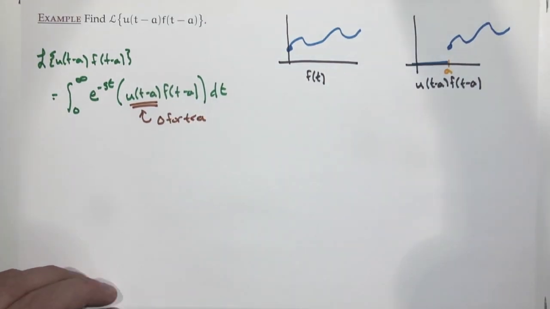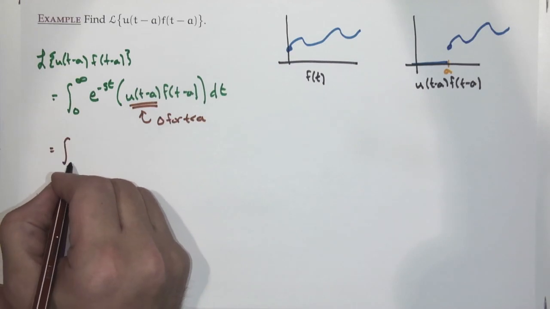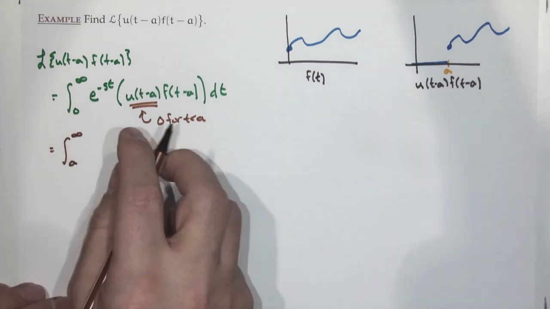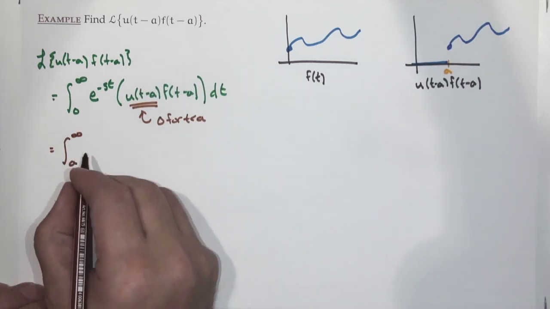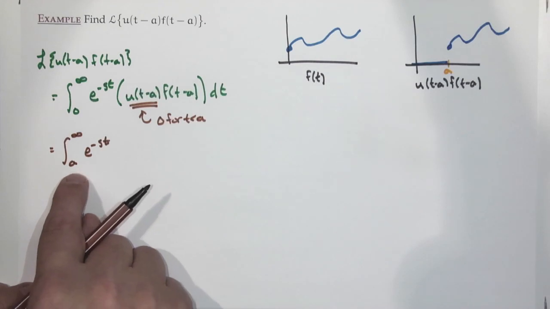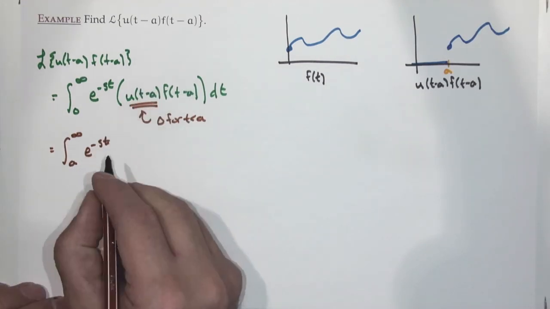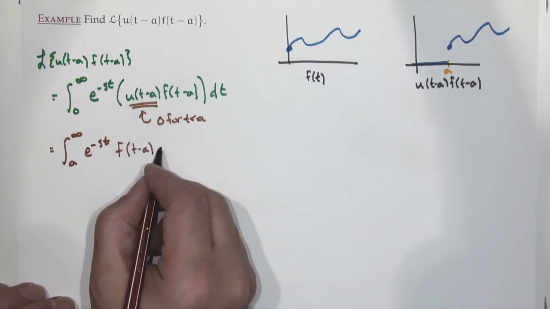So it says, look, if you're below a, you're getting 0 out. So that's unimportant. So we can rewrite this as the integral from a to infinity. In other words, remove the part where I'm in the off mode. And then we have e to the minus st. And now, since I'm starting at a, I'm in the on mode. So I can rewrite that, f of t minus a.